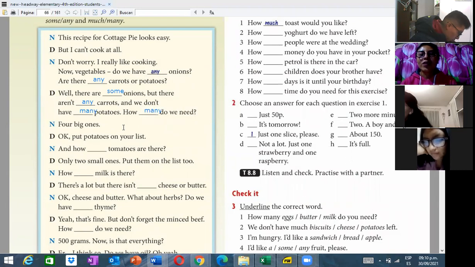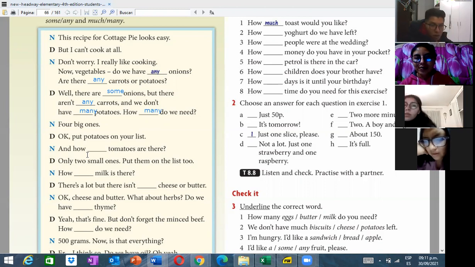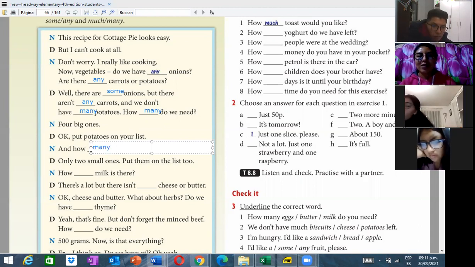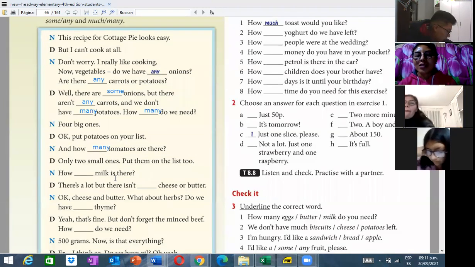Okay. 4 big ones. Okay. Put potatoes on your list. The next. And how many tomatoes are there? Only 2 small ones. Put them on the list too.